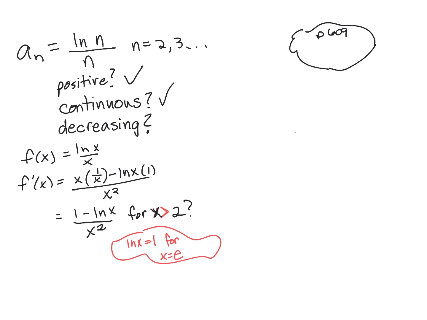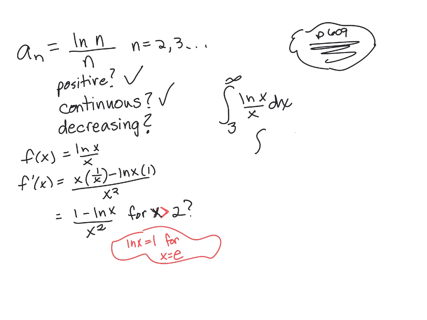Okay. To perform the test itself, we're going to integrate now from 2 to infinity. Because of the rule at the bottom of 609, we can do that. We're integrating the ln of x over x dx. How the heck are you going to do that, huh? Well, remember that the derivative of the ln of x is 1 over x.